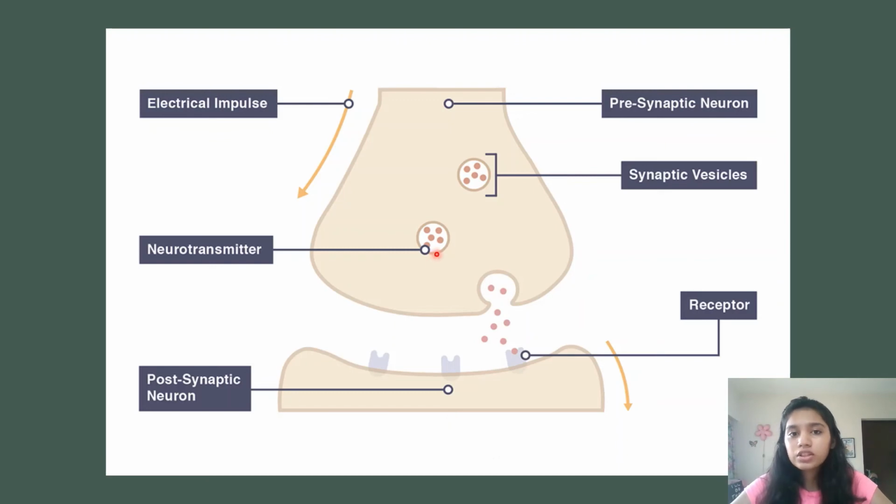So this neurotransmitter substance diffuses across the synaptic cleft, this being the synaptic cleft. The synaptic cleft is basically a gap between two neurons, which is basically a synapse. It diffuses across the synaptic cleft and binds to the receptor molecules to form neurotransmitter-receptor molecules.